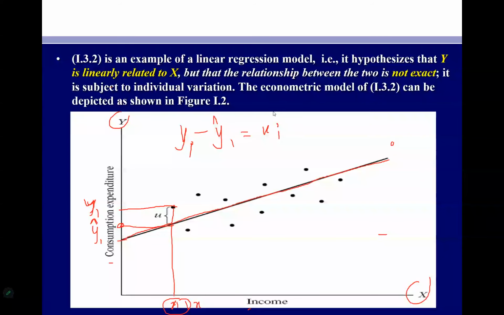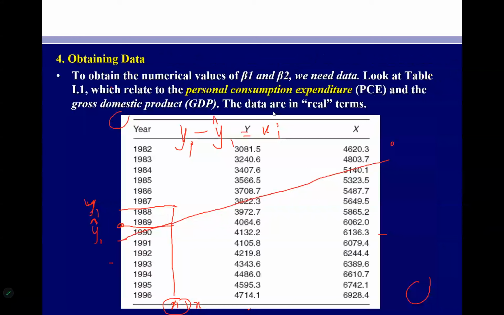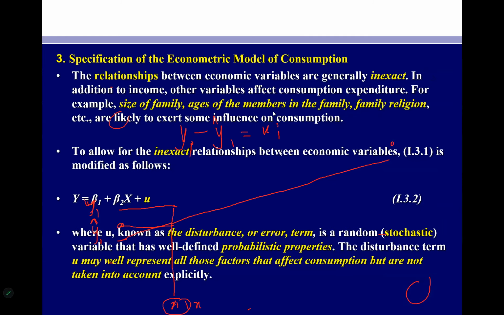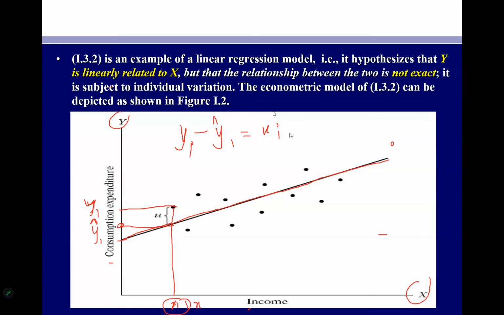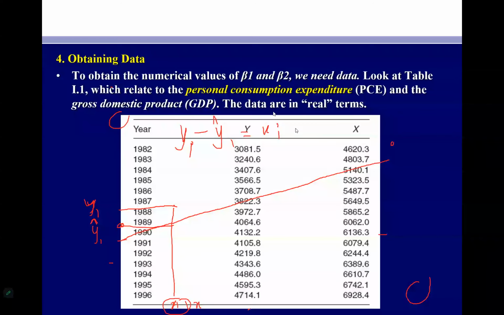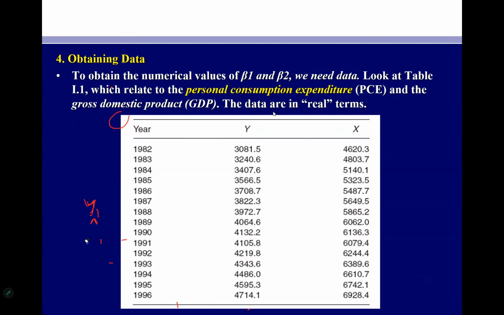Now we have developed our regression model. The regression model is this. Then the next step is to collect the data. As I explained earlier, you can collect data from a cross section. From this MFE group, you can collect data about their income and consumption expenditure.